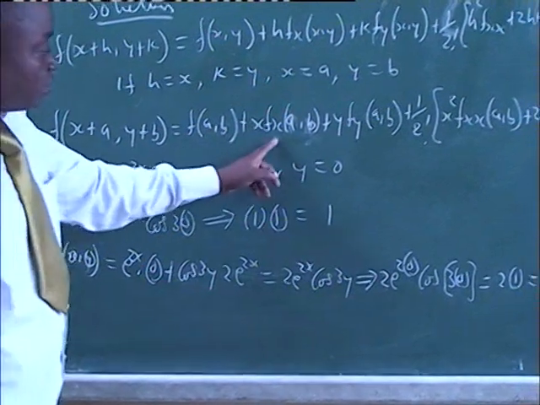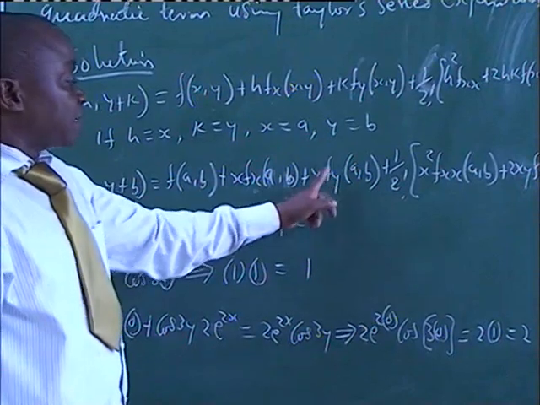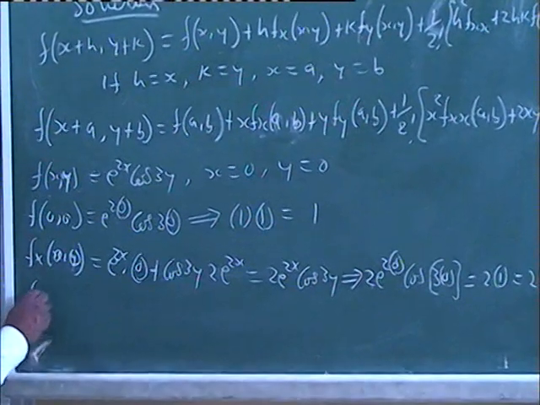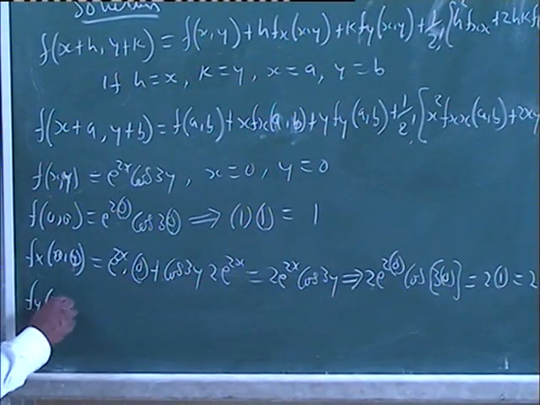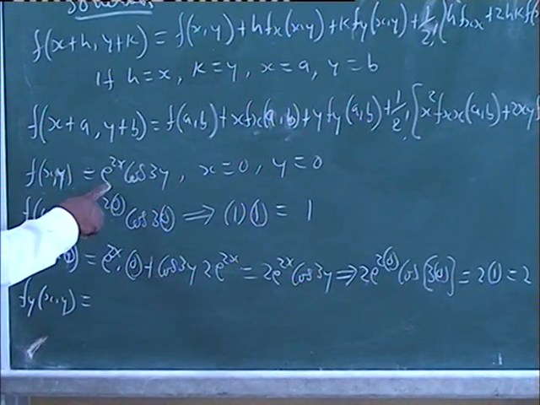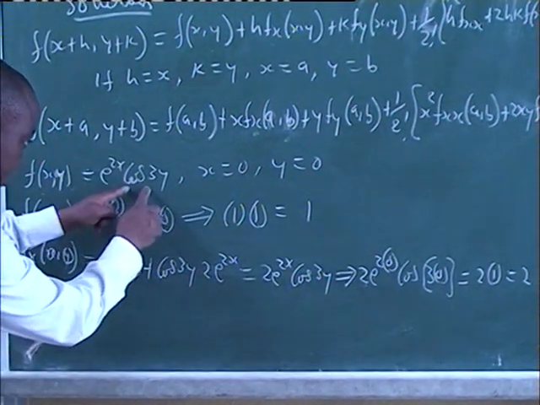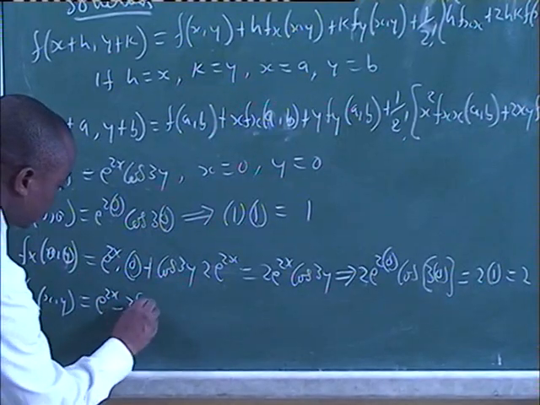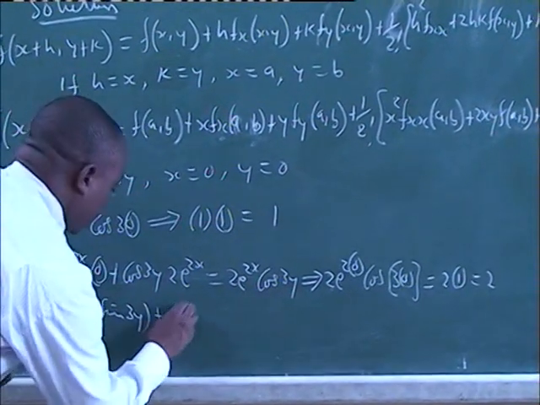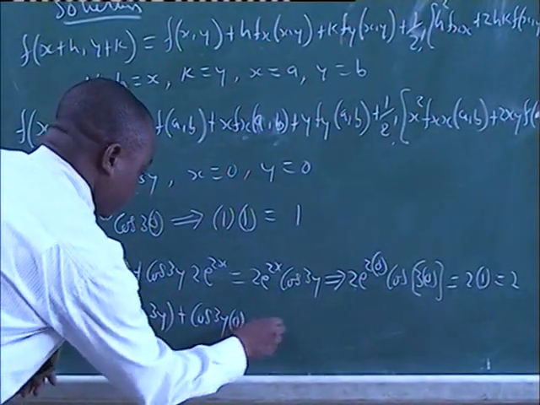Now another one we are going to differentiate is partial f partial y. Now see the function here. The partial f partial y of x, y: keep exponential 2x, differentiate cos 3y, you have minus 3 sine 3y, plus keep cos 3y, differentiate exponential 2x with respect to y, which is 0.